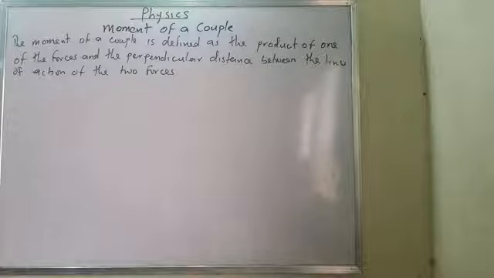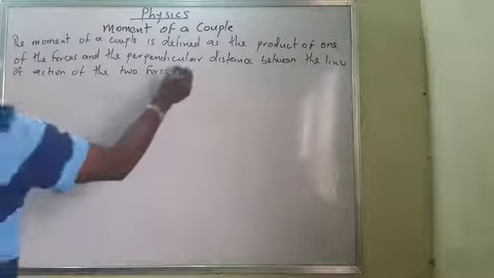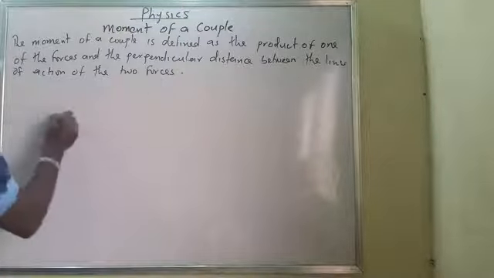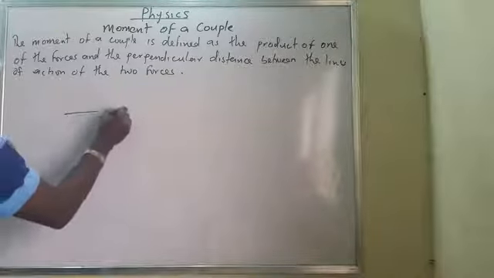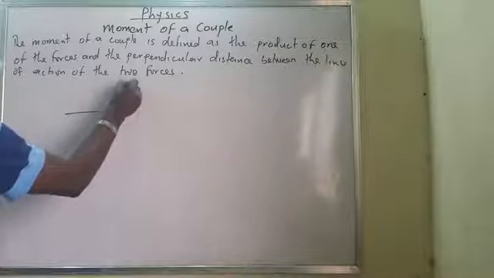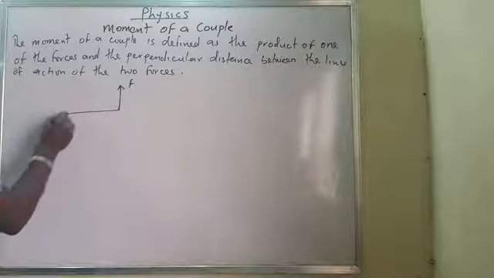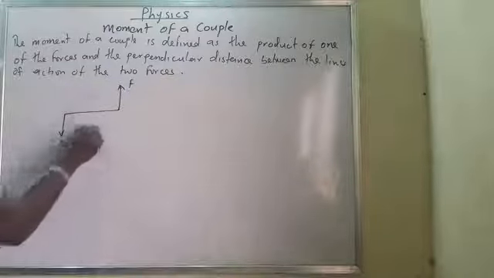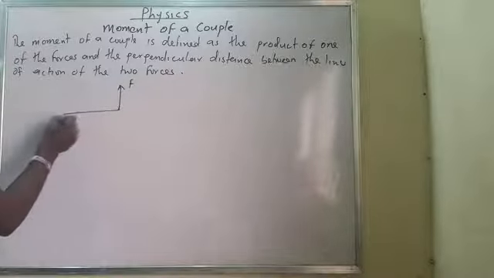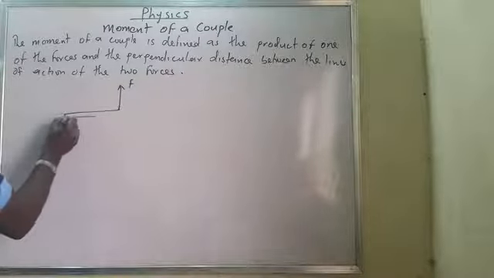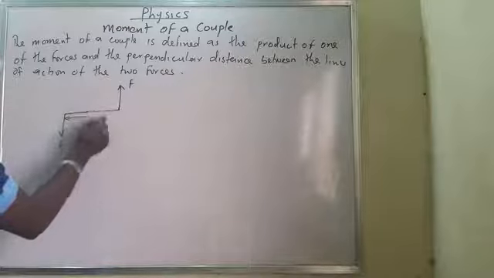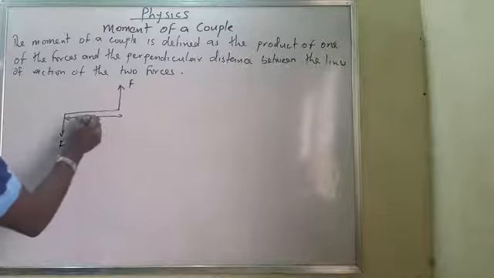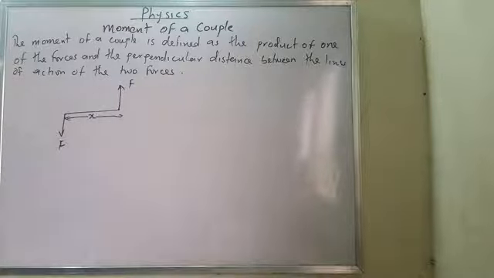Now, let me try to relate what I'm saying here to a real life situation. This shall be the force, and this also can be a force. From here to here, sorry for my hand, I didn't draw very well, we call it x, which is the distance I'm talking about.